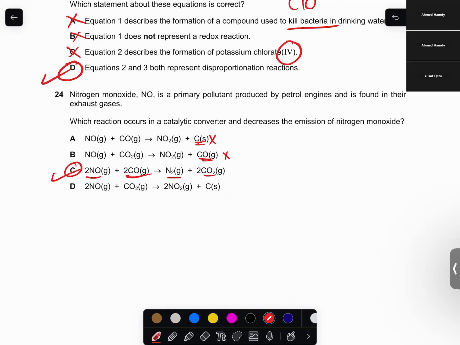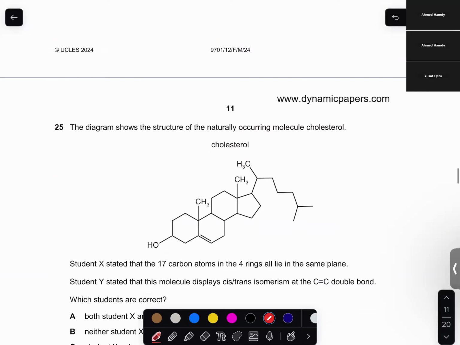Yes, this is happening in the catalytic converter. We said that in the catalytic converter, there is a very smart way to eliminate both nitrogen oxide and carbon monoxide in the same step, which is the reaction of nitrogen monoxide with carbon monoxide. Of course we didn't get solid carbon, it would be a great problem.